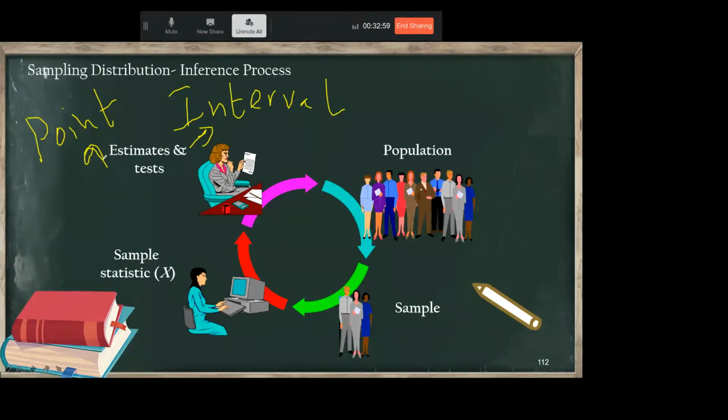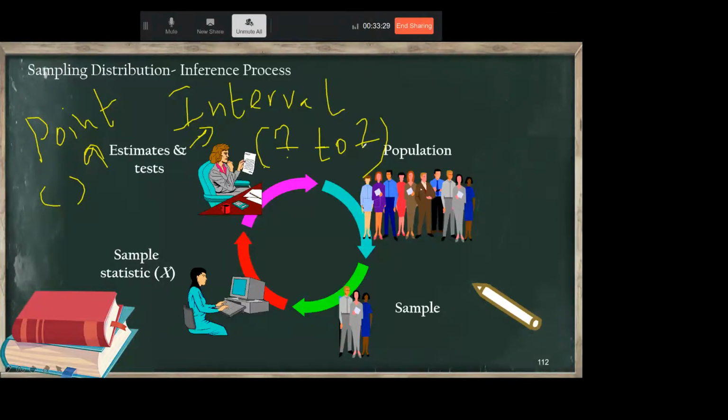So there can be two kinds of estimation, point and interval. Point estimation means whether we are estimating the population based on a single numerical value or not. If it's based on a single numerical value, then it's a point estimation. For example, X bar, just one value. Or it's based within an interval, from this to this, a range.